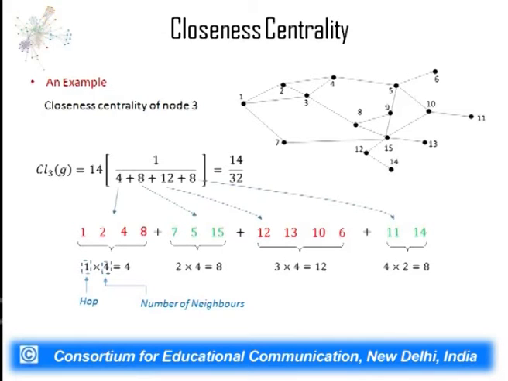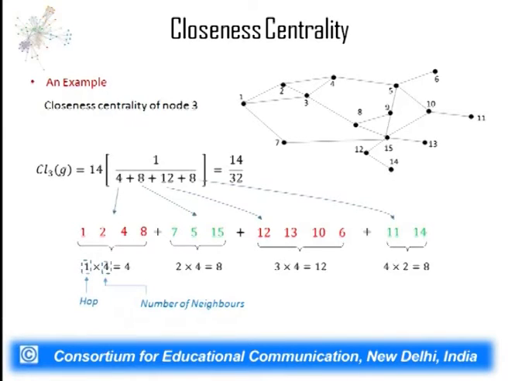Let's see those nodes reachable in one direct hop. Direct reachability from node 3 is 1, 2, 4 and 8. Apart from these, there are no other nodes reachable in one hop. So the value is 1 because it's reachable in one hop, multiplied by how many such neighbors? 4. So we get the value 4.